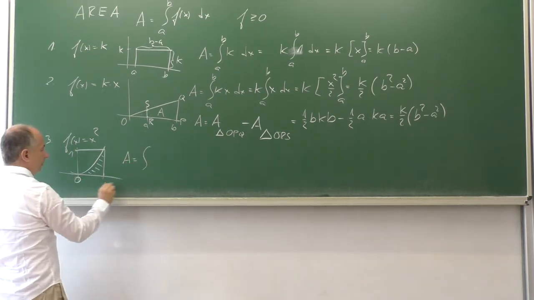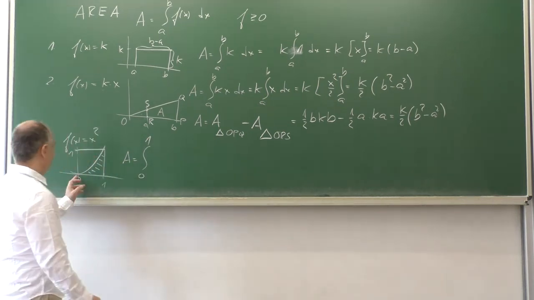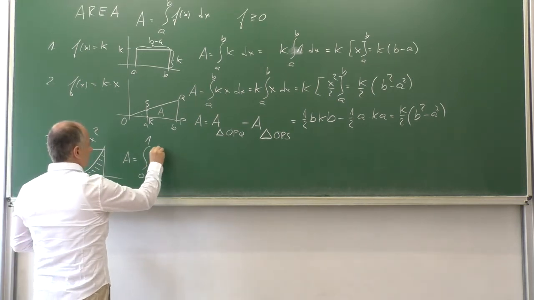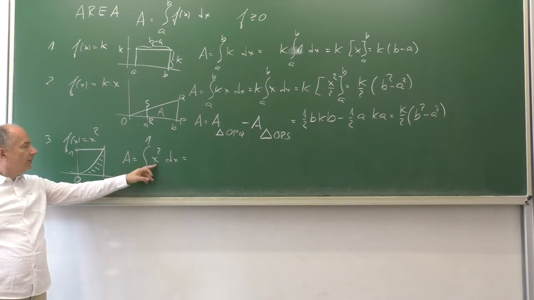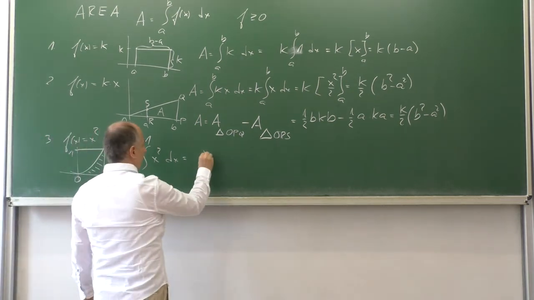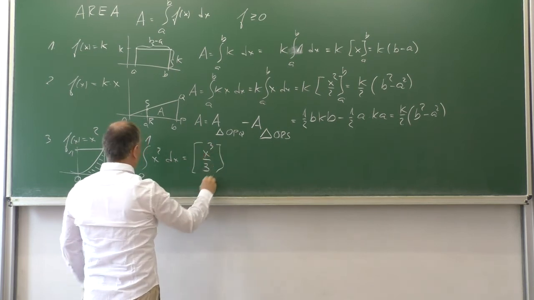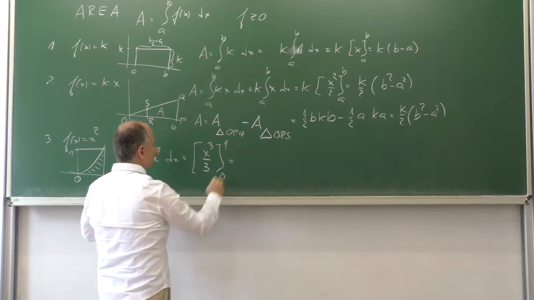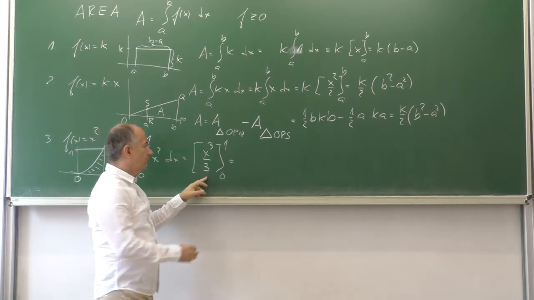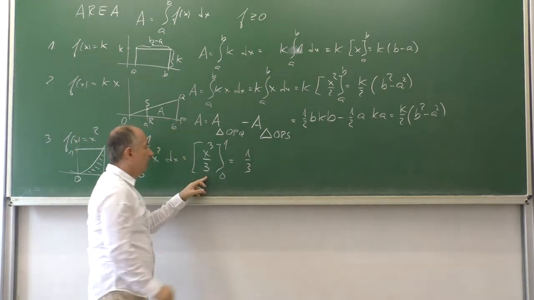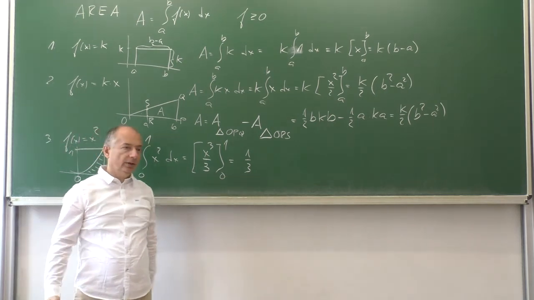Then that will be the integral from 0 to 1, the minimal x and maximal x values, of the function itself. Integral of x squared is x cubed over 3, from 0 to 1. So we have 1 cubed, which is 1, divided by 3 is 1/3, minus 0 cubed, which is 0. We don't have to write it.